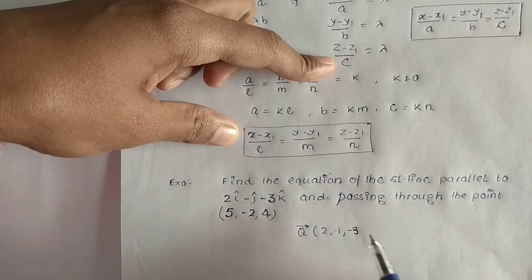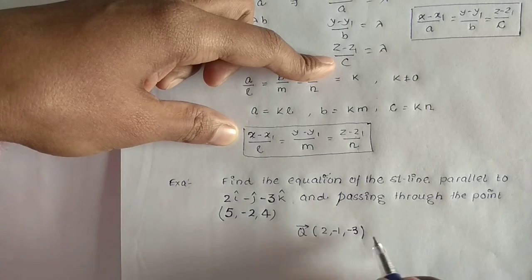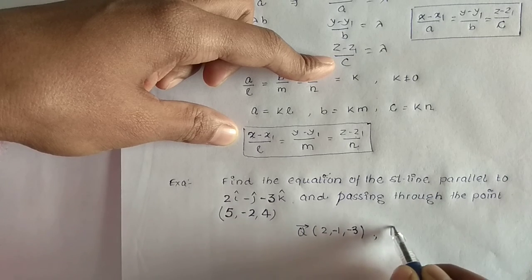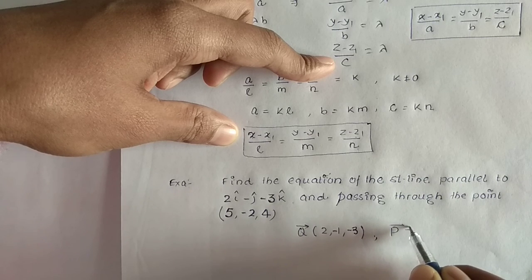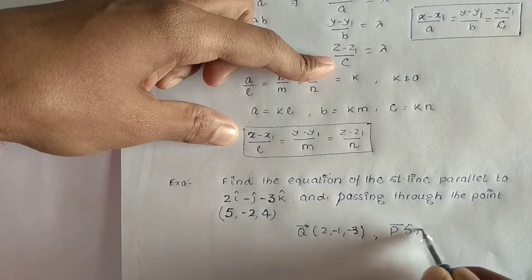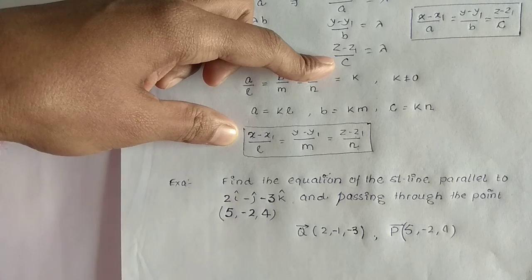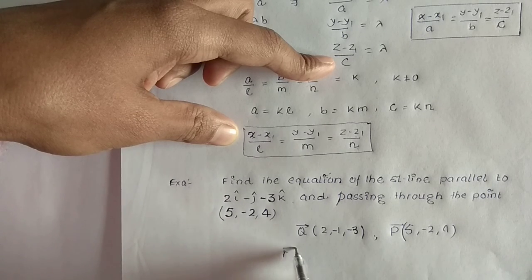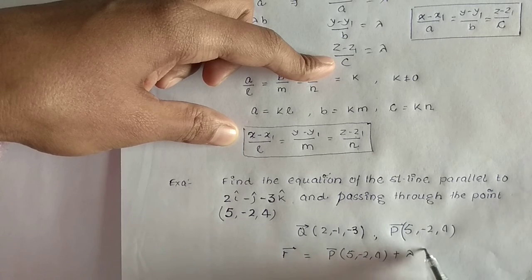This vector is written in another way. And the point is vector p, which is 5, minus 2, this way. So you know r is equal to p plus lambda times q.